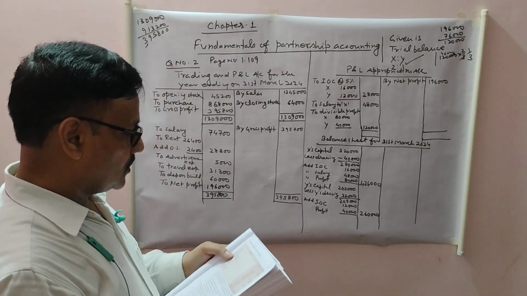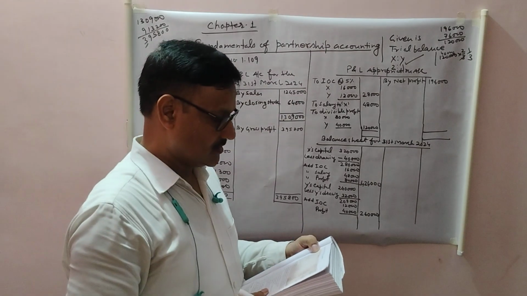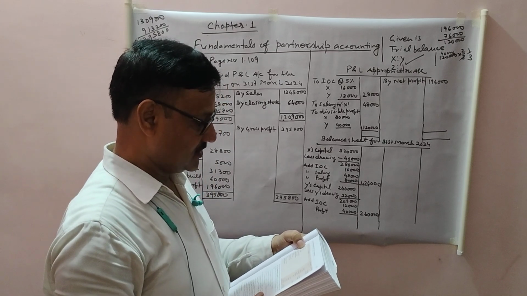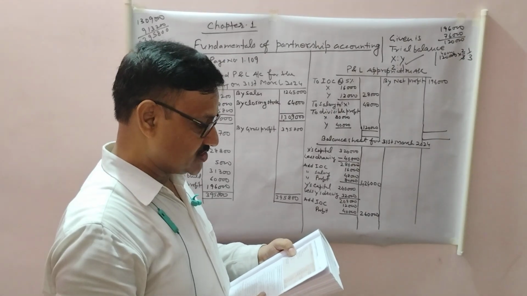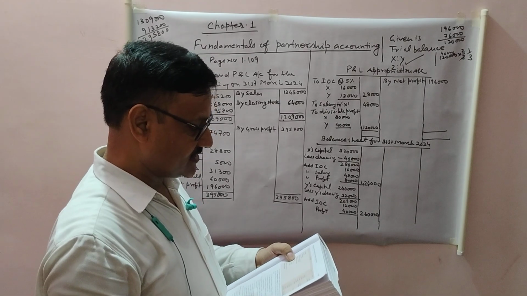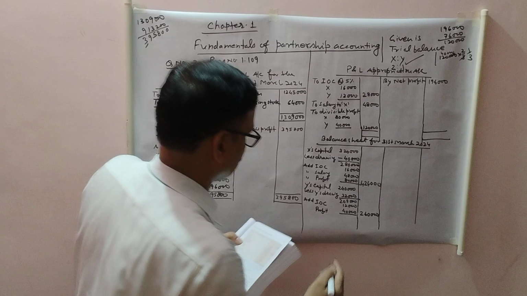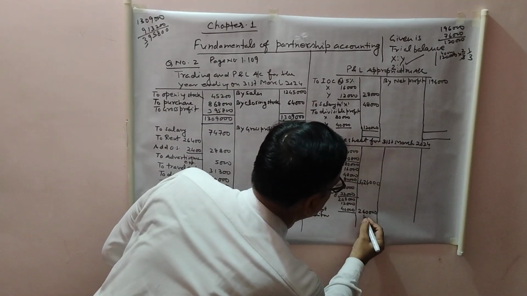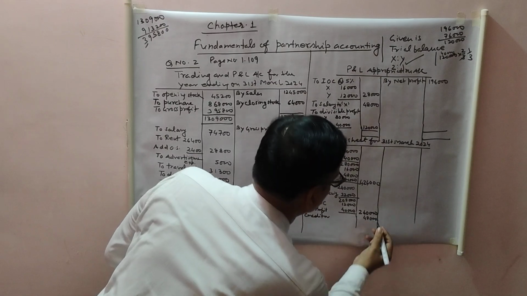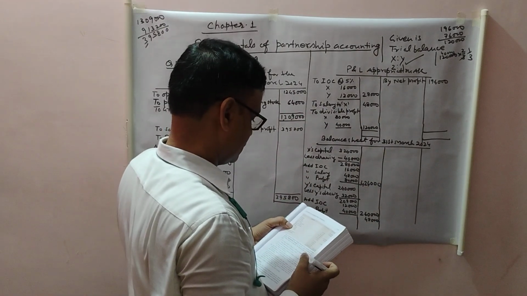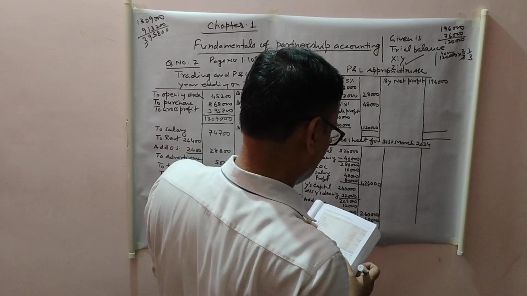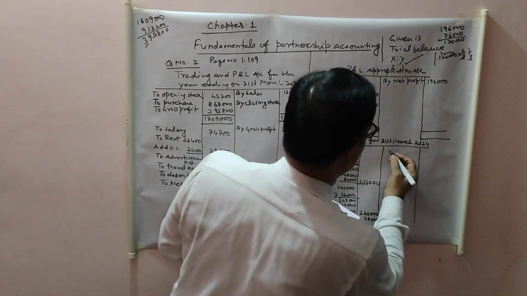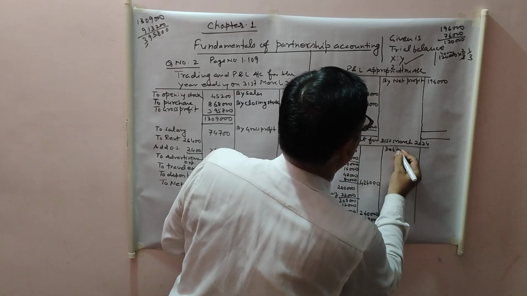Now, if anything else is left on the liability side, let us see. Debtors and creditors are given. Therefore, creditors have to be mentioned, 48,000. Debtors are 1,52,000. That is to be mentioned here in the asset column.